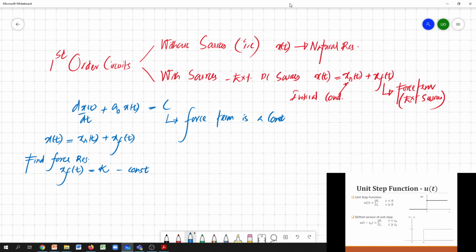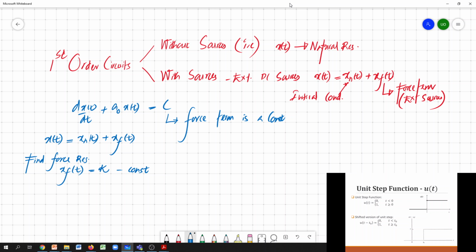We discussed that if you are proposing a trial solution for the forced response, that trial solution should align with the pattern or function of this forced term. If it is a constant, you can propose a trial solution as a constant. If it is exponential, you have to propose an exponential function.